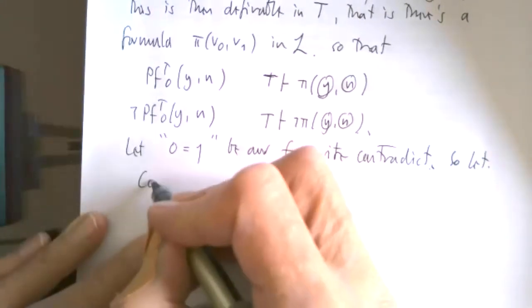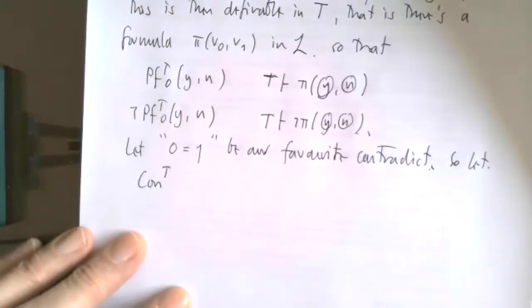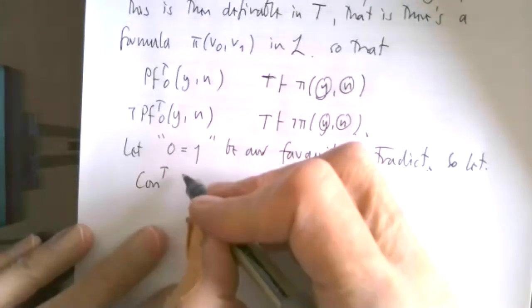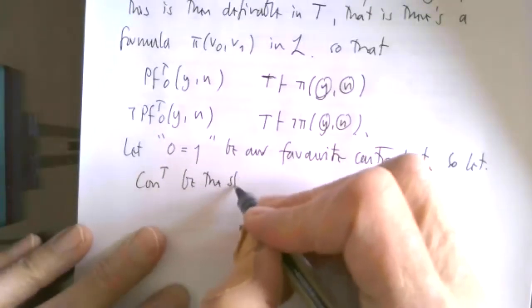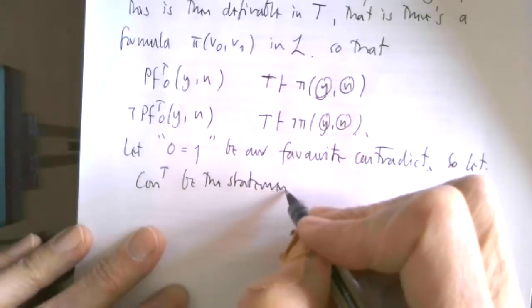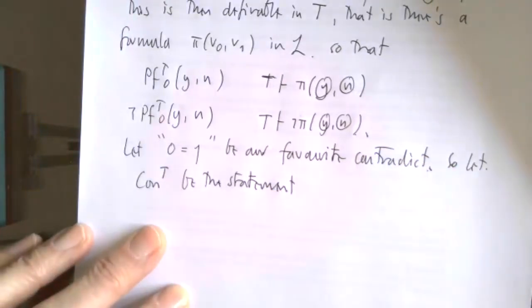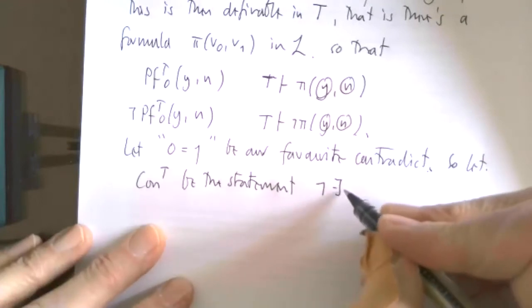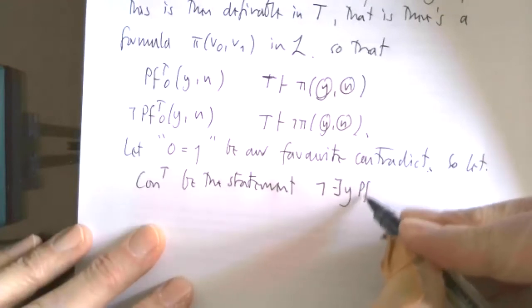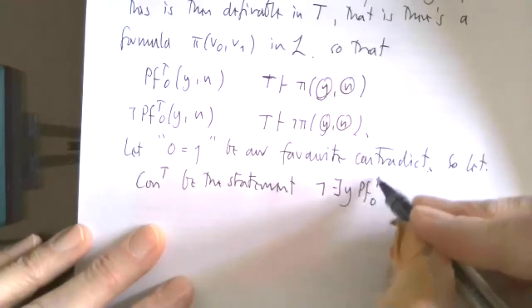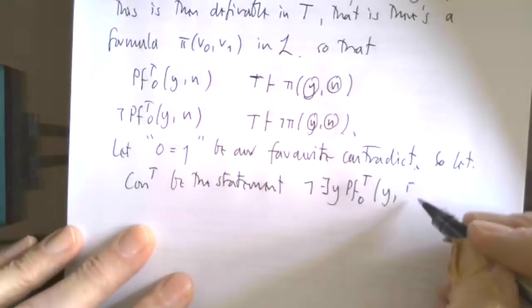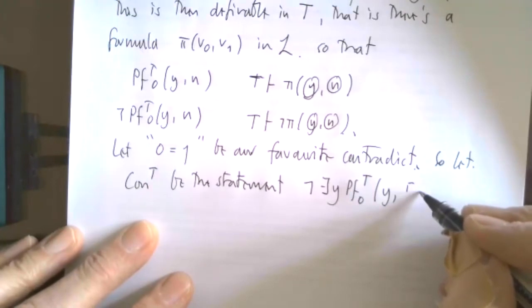So let's call it Con T. So we could take this as saying it's not the case that there is a number y that gives us a proof in T of, well, naught equals 1.